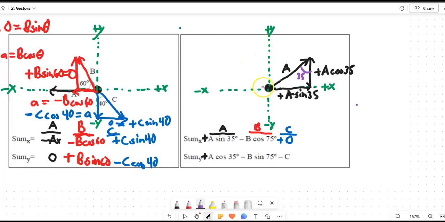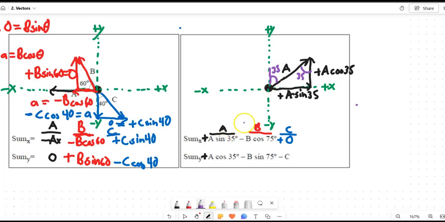Incidentally, we could have done this a different way, and I'll draw it over here. Actually, I'll demonstrate it with B, okay? But that's one version. The other, 35 degrees could also have been this side right here. And I'll show you how that happens.